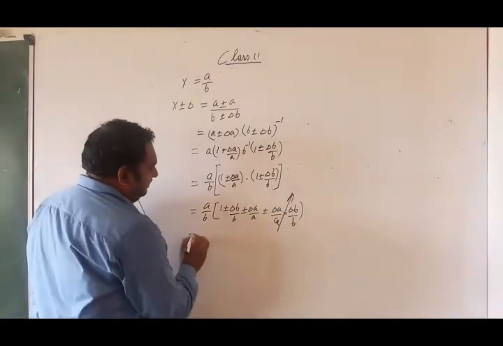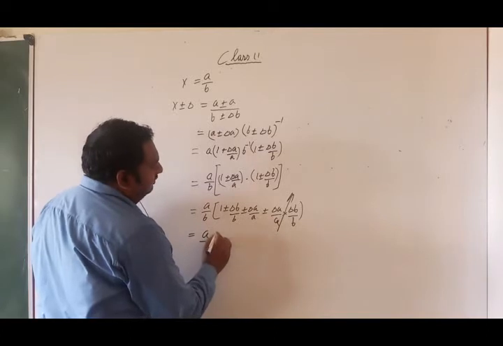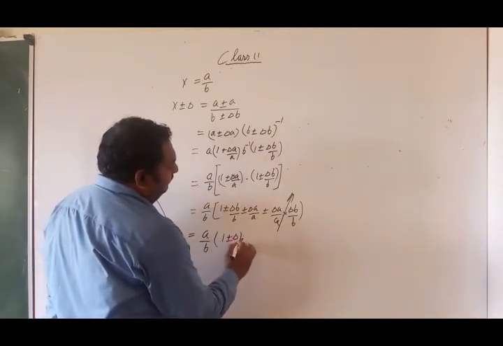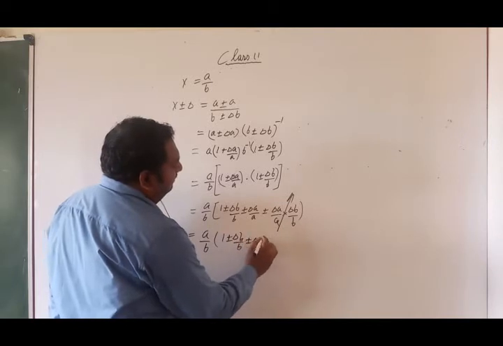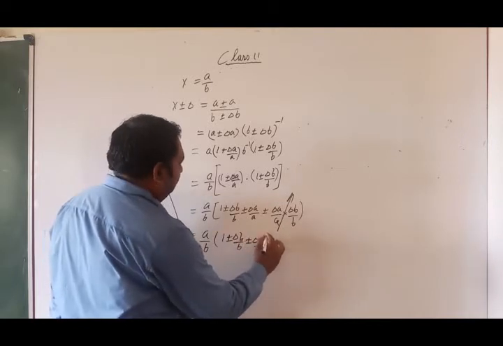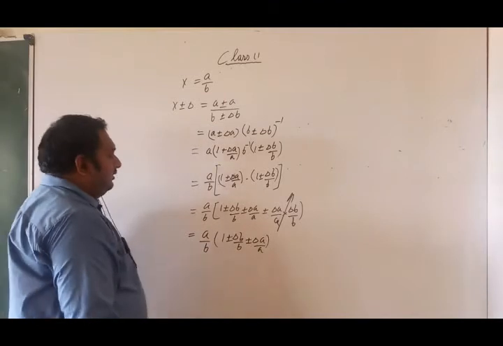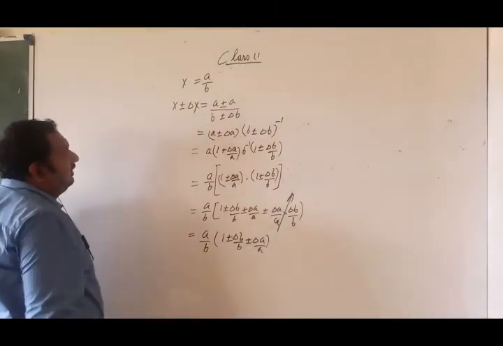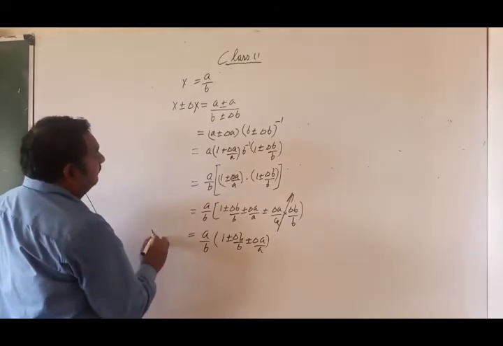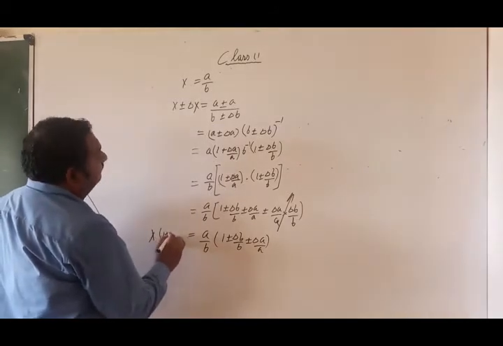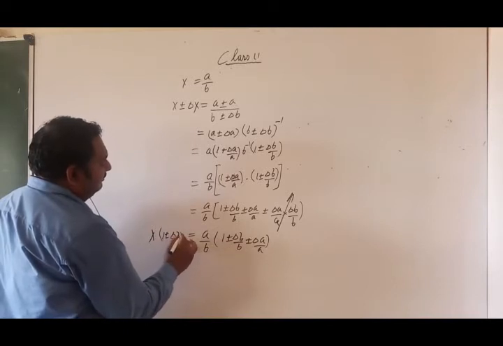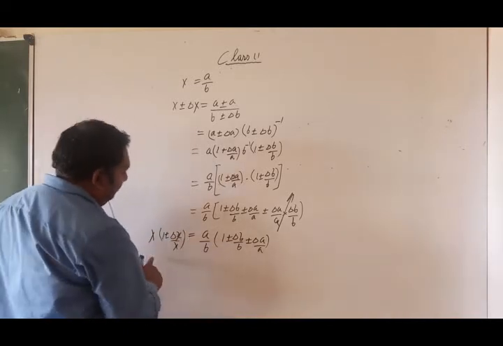हमारे पास क्या बचेगा? a upon b equal to 1 plus minus del b upon b plus minus del a upon a. Now here, if we take the x common here, so 1 plus minus del x upon x, and x is nothing but a upon b.